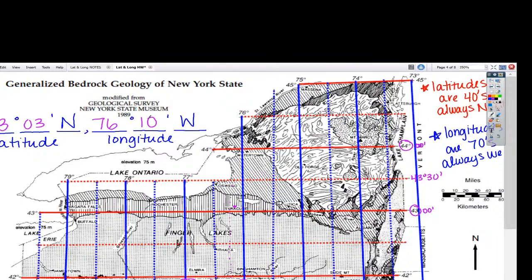So what I would like for you guys to try to do is just do the latitude for the next one, Slide Mountain. Only do the latitude. Don't run ahead. Take it slow and take your time. So Slide Mountain is the little triangle. It's the highest peak in the Catskills, which you could hike if you wanted to. So just get the latitude for Slide Mountain. If you're having trouble also, now's a great time to ask. And let's do this.